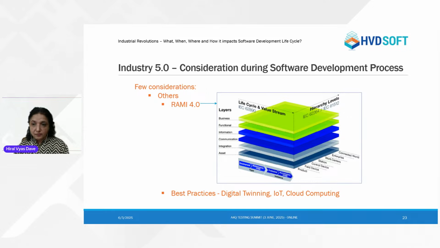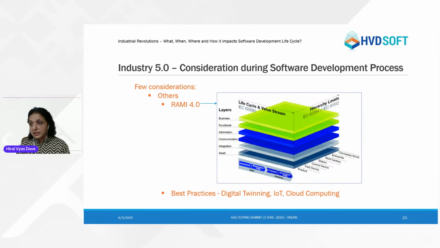There are frameworks, of course. I have kept 4.0 here because 5.0 is in an evolving stage. As I said, new policies and new methodologies are going to come, but the 4.0 framework is there. So awareness about that would be of great help when it comes to the software development lifecycle.